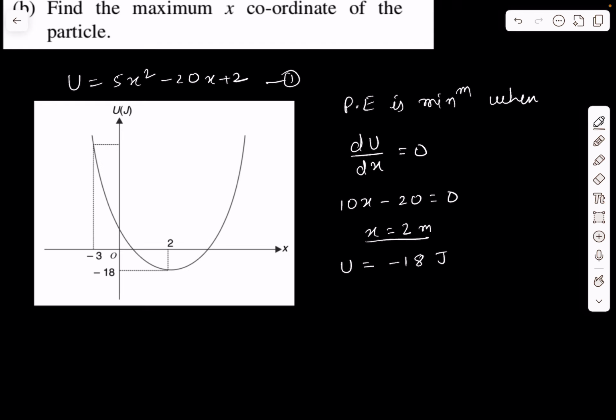Also, since the particle was released at x equal to minus 3 meters, at x equal to minus 3 meter the value of U comes out to be 5 into minus 3 whole square minus 20 into minus 3 plus 2, which comes out to be 107 joule.